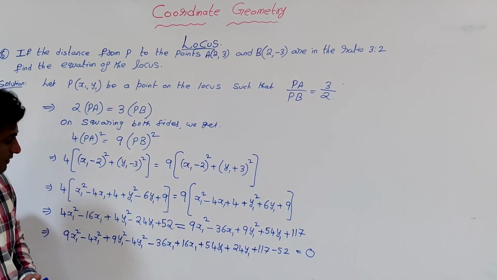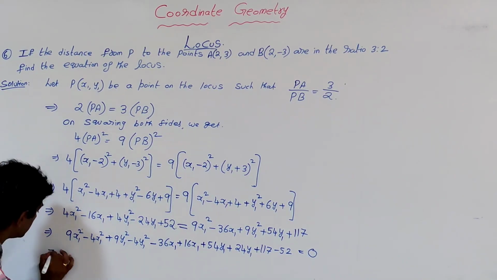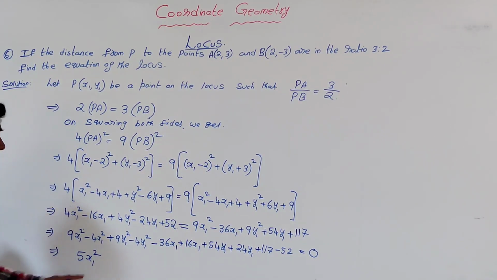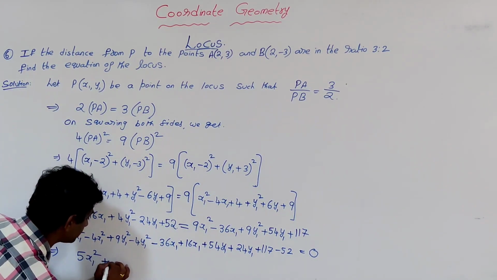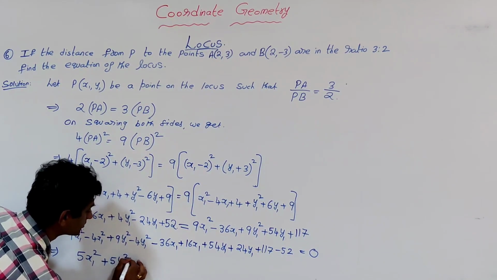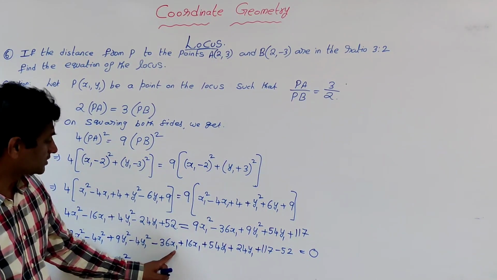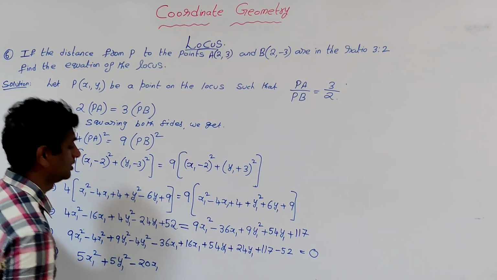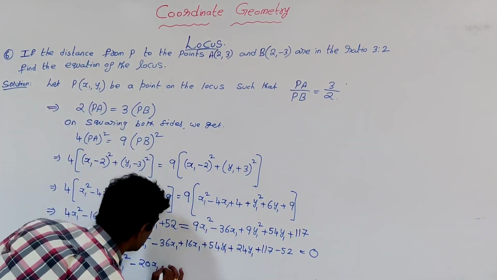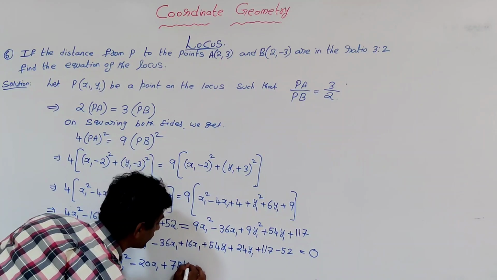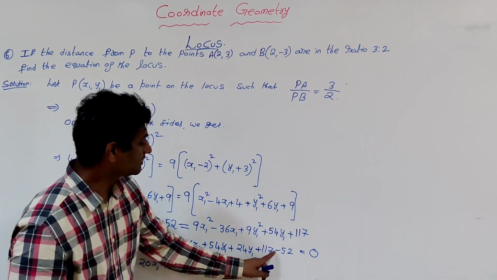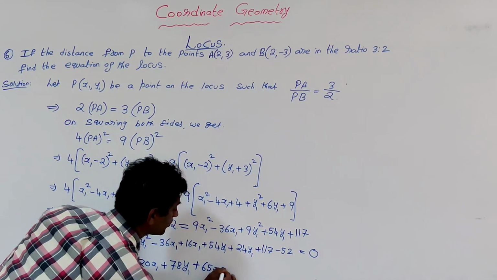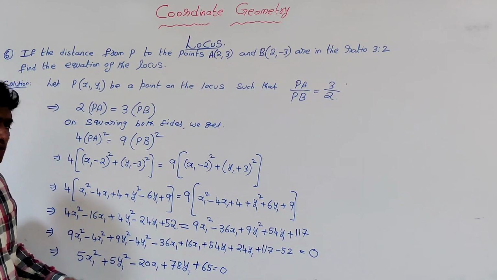So now we'll simplify the equation. 9x1 square minus 4x1 square is 5x1 square, plus 9y1 square minus 4y1 square is plus 5y1 square, minus 36x1 plus 16x1 is minus 20x1, plus 54 plus 24 is 78y1, plus 117 minus 52 gives 65. So plus 65 is equal to 0. So this is the equation of the locus.